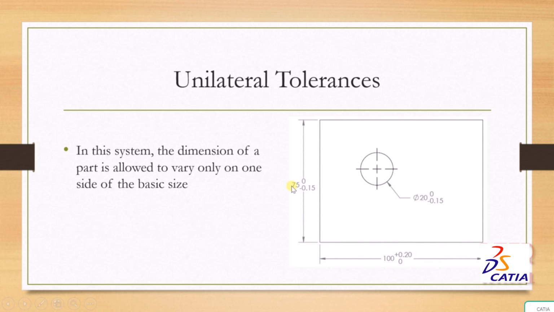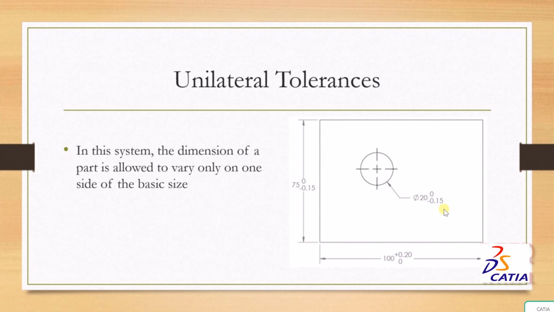It means we want the maximum limit, that is 75, but we can vary up to the minimum limit, that is negative 0.15. Similarly, in this diameter, we want a diameter of 20, so maximum value is 20.0 and the minimum value is 20 minus 0.15. So this is the minimum value. It means the dimension is varying in only one direction.